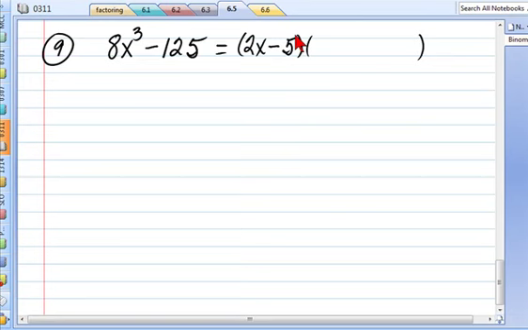So you either need to be able to recognize those, or you need to be able to use your calculator to figure out that those are perfect cubes and what their cube roots are. Now I'm going to use these to fill in. The first one is a square. What is 2x squared? When I multiply 2x times 2x, I get 4x squared.